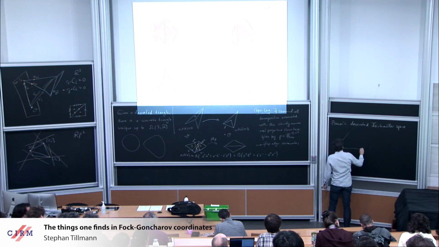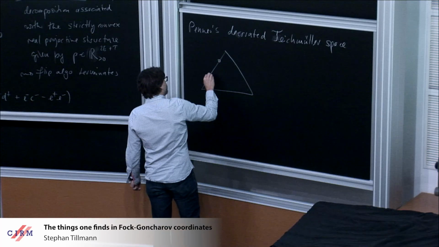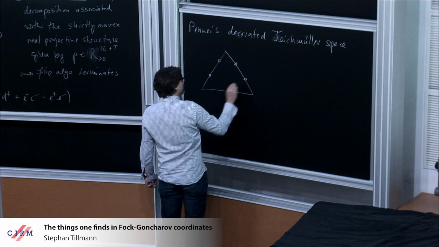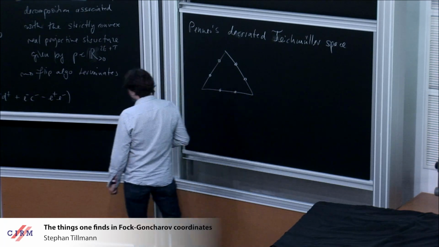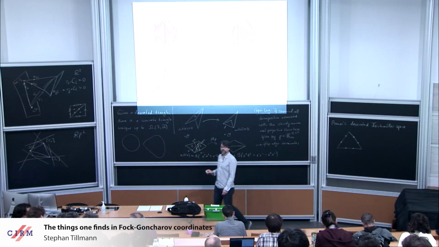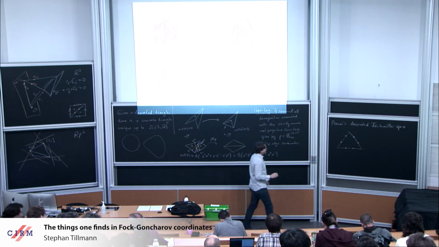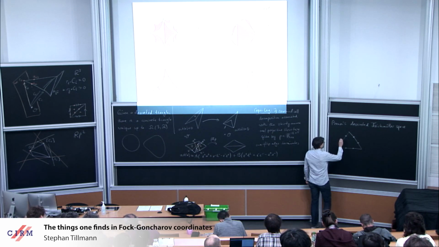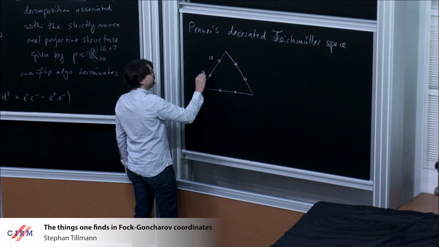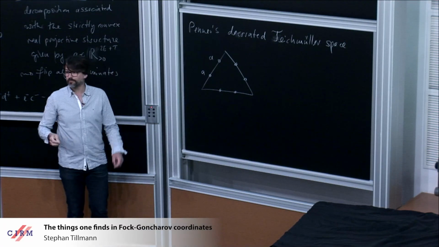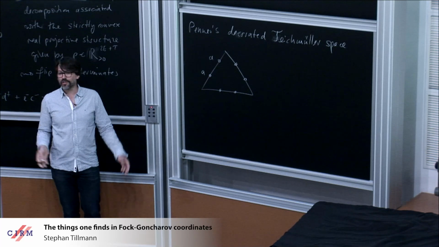All you need to do is, if you decorate a triangle, say you really want decorated or doubly decorated hyperbolic structures, yeah? So what you have to do is just on each edge, don't use two different numbers, use the same number, okay? So really what we're doing is lambda coordinates, yeah?